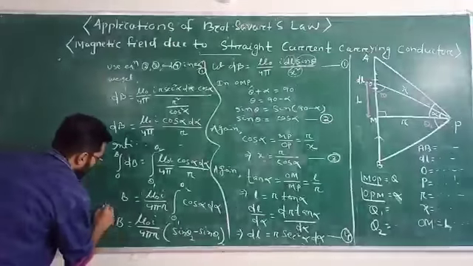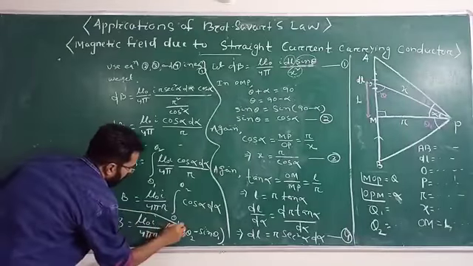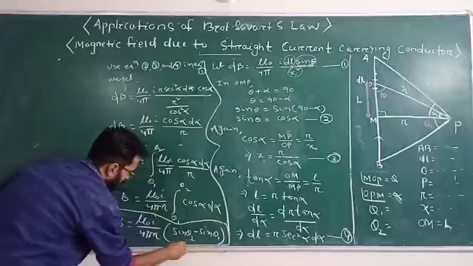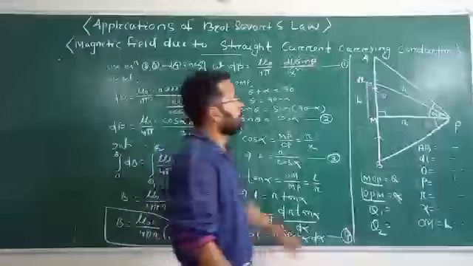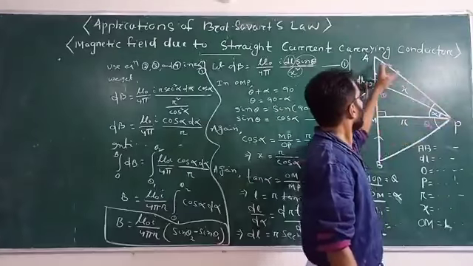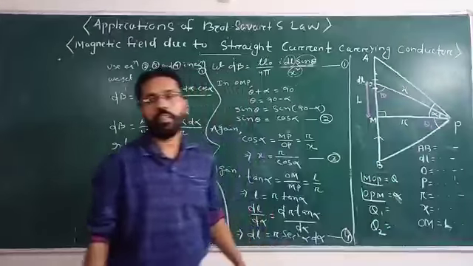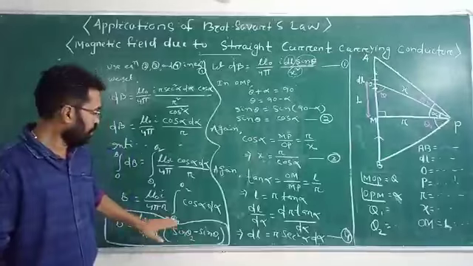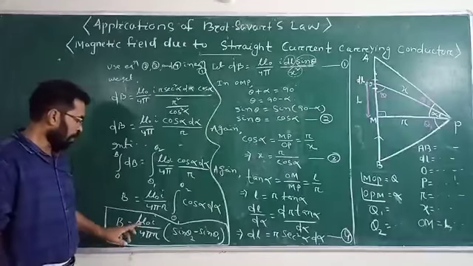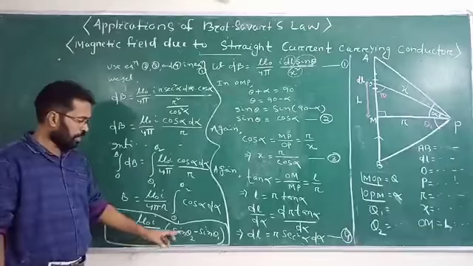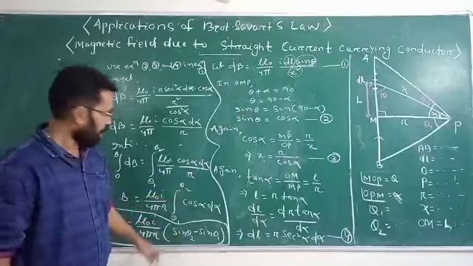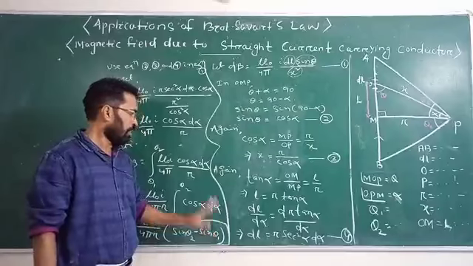This is your derivation of magnetic field at point P due to a straight current carrying conductor. Okay, students, learn by heart the formula mu naught I upon 4 pi r into sin theta 2 minus sin theta 1, and you know what theta 2 and theta 1 are.